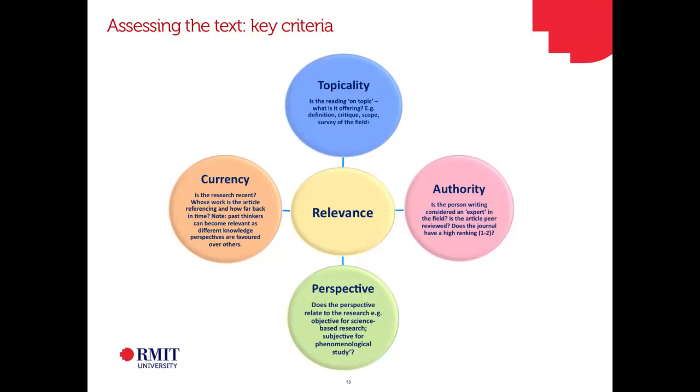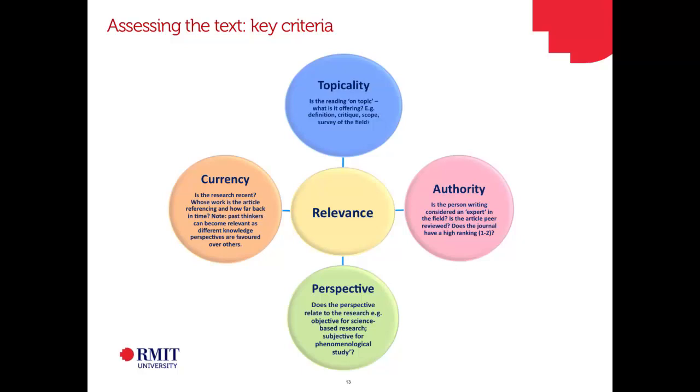Are they affiliated with any research institution? Are they credible? Can I expect their research and their ideas to be grounded in rigorous thinking or research? Is the article peer-reviewed, and is it published in a high-ranking journal? Ask, does the writer's perspective relate to my work or to something different?